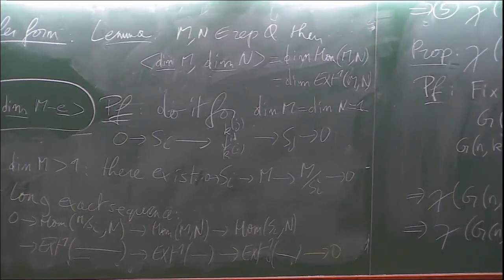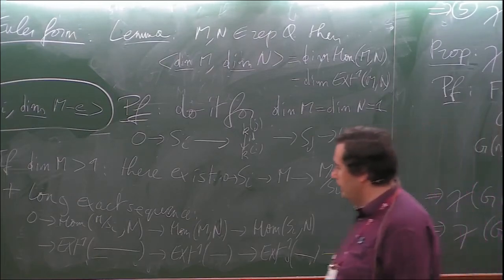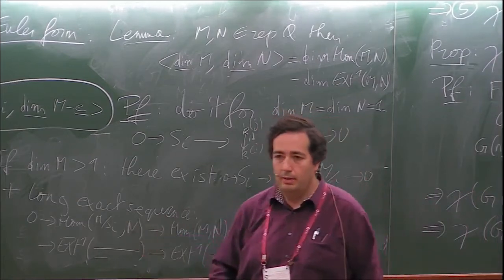And what's the point about this is that once you have that, this is a very easy linear algebra lemma: the alternating sum of the dimensions of all the terms is 0.